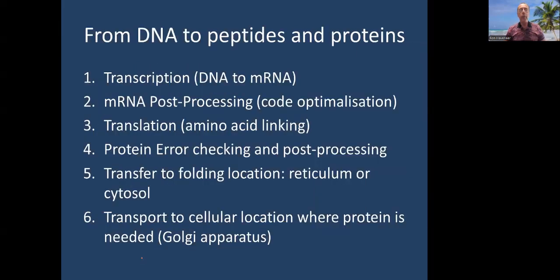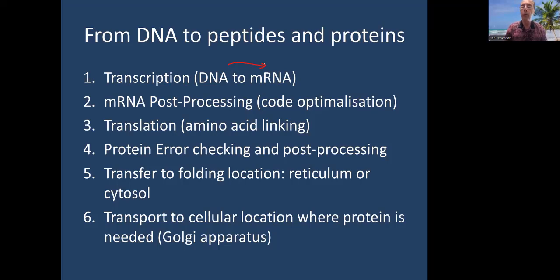So if we go from DNA to peptides: if DNA has a frequency, then peptides and proteins must also have a specific frequency, depending on the nature of the building blocks themselves. So we go step by step from DNA to a protein. The first step is transcription, which converts DNA into RNA.